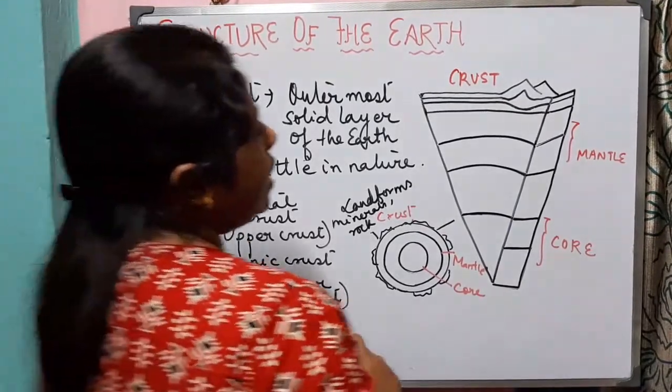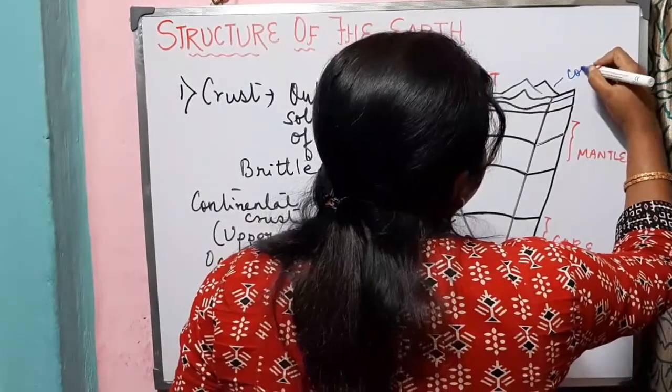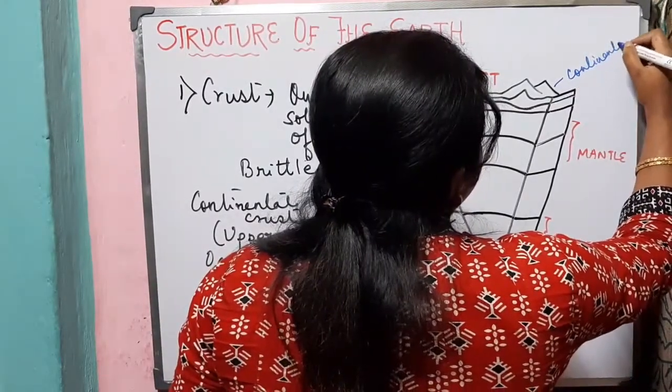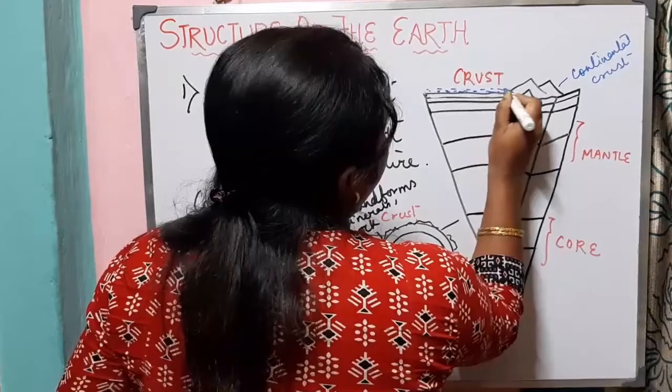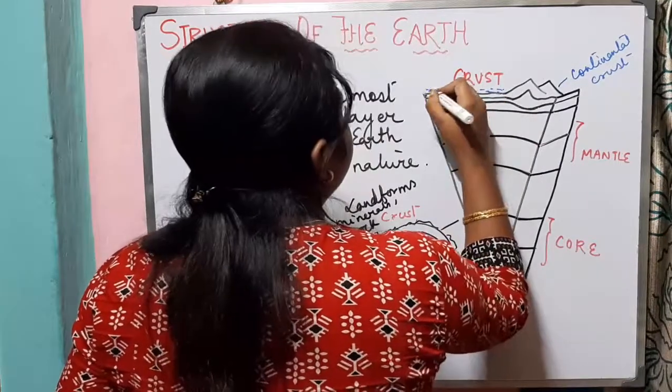So here is the continental crust, and here we have the oceanic crust.